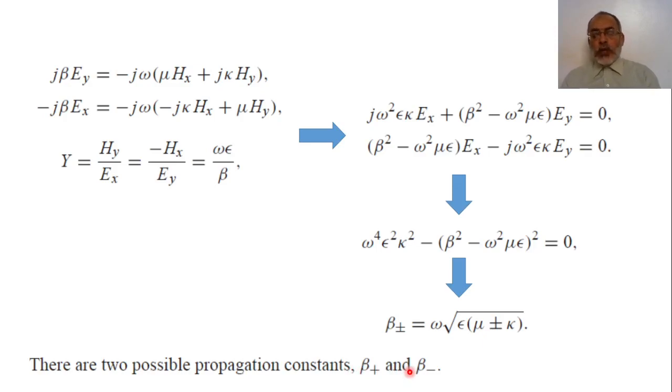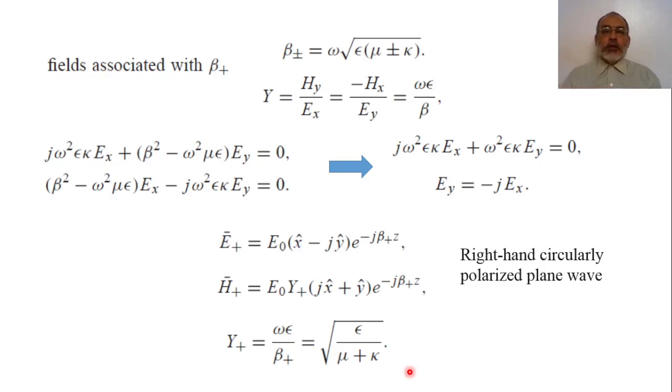We are going to study what will be the plane wave for beta plus and what will be the plane wave for beta minus. For beta plus, it would be omega square root epsilon multiplied by mu plus kappa.